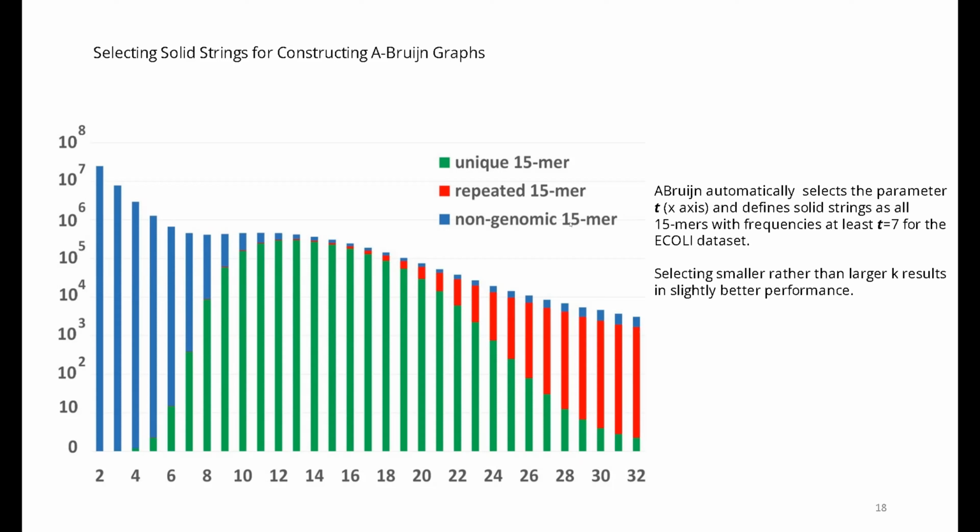So the authors figured out that selecting a smaller rather than larger k results in slightly better performance. And we are still talking about solid strings, which are frequent k-mers in the genome. There's an issue: we should balance the value of k.